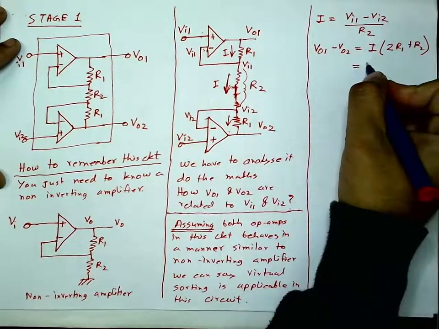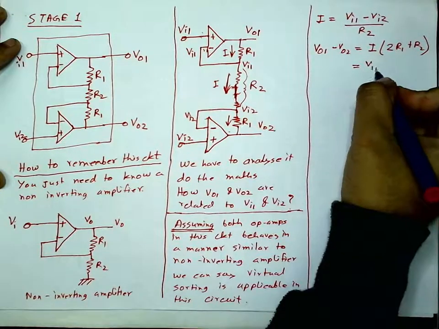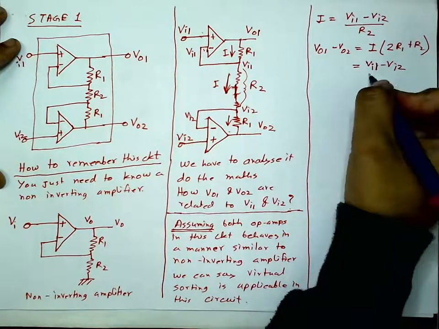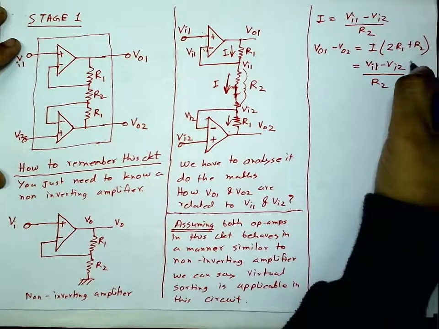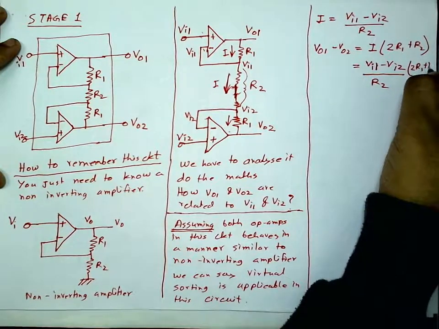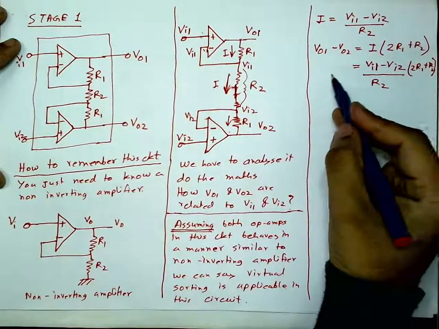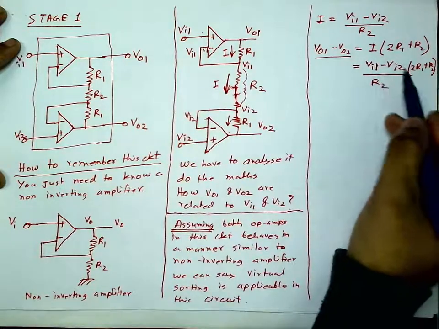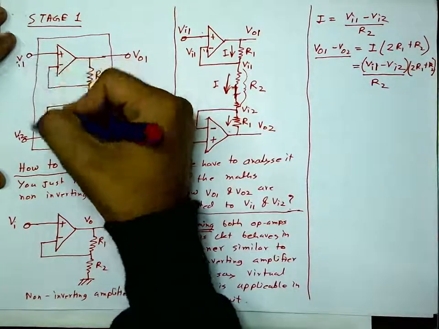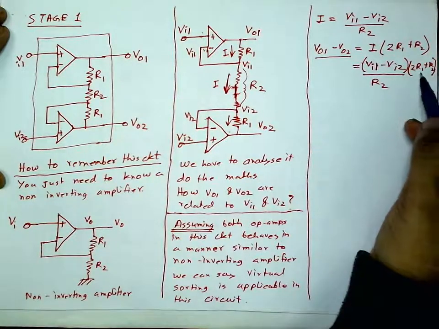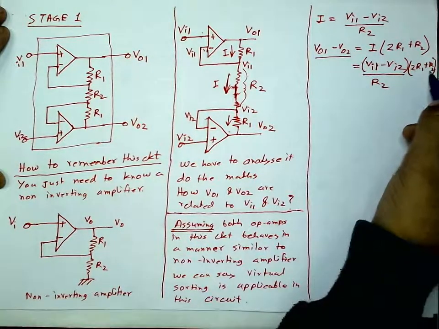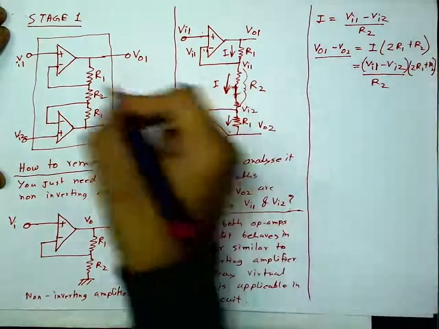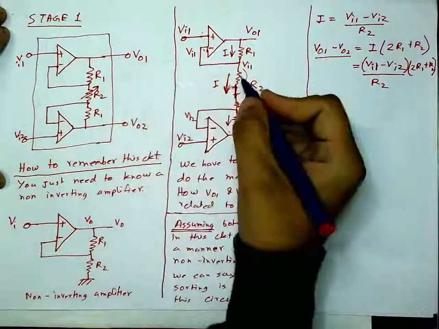Now this is equal to what? In place of I, I write Vi1 minus Vi2 whole divided by R2, multiplied by 2R1 plus R2. So the difference between these two outputs is proportional to the difference between the two inputs, multiplied by this factor, 2R1 plus R2 by R2. Now I can have this R2 variable as well.